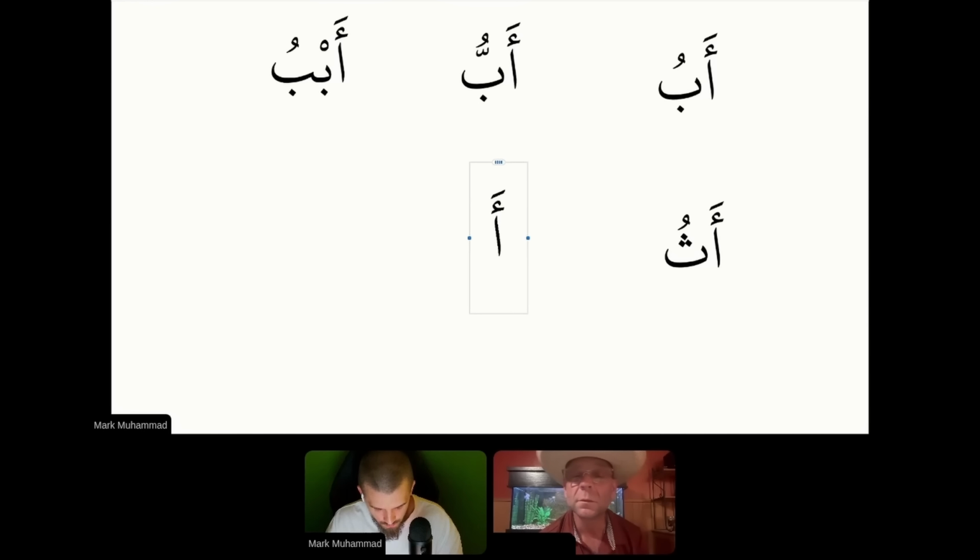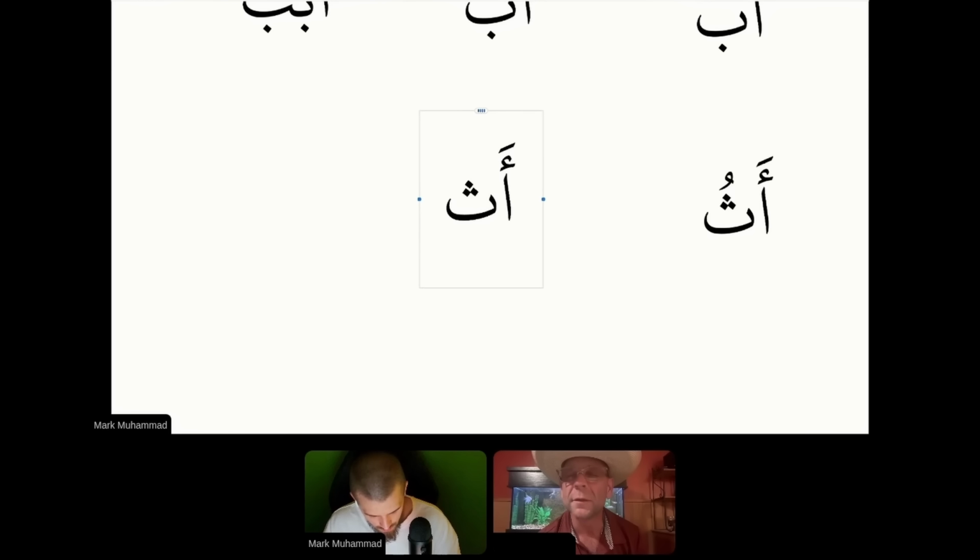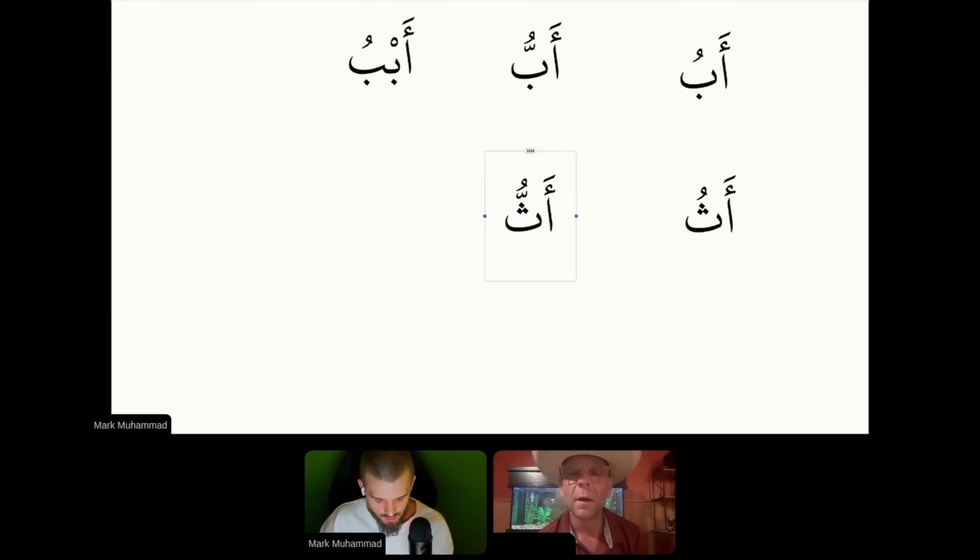Just pronounce it normally with no shaddah. It's got 3 dots. That should be athu. And then again, what would this one be? Athu.